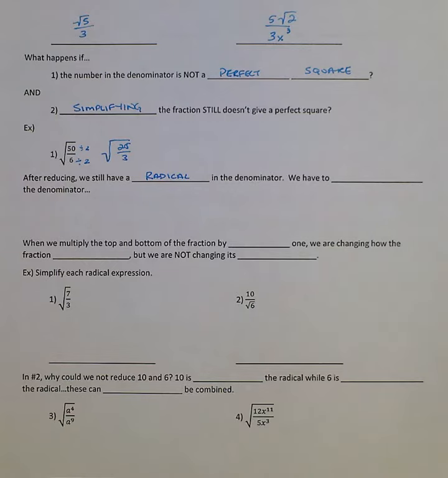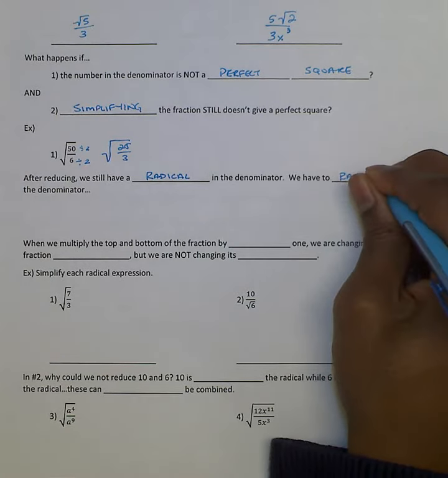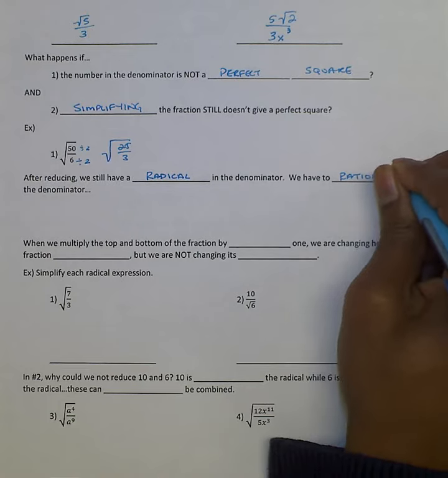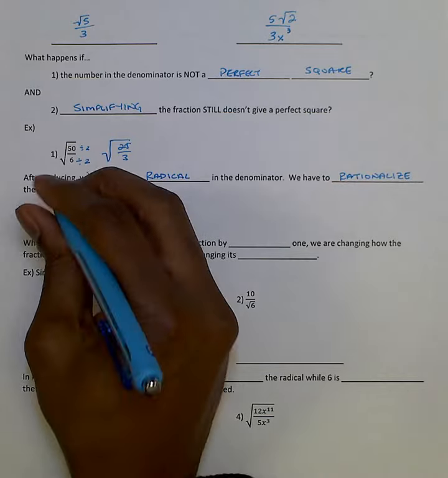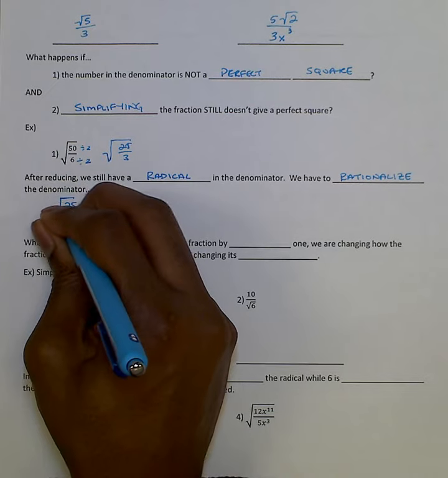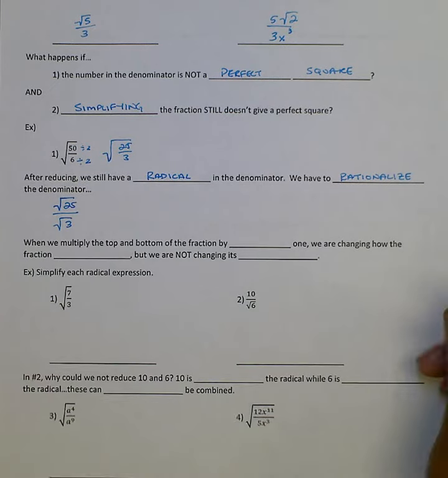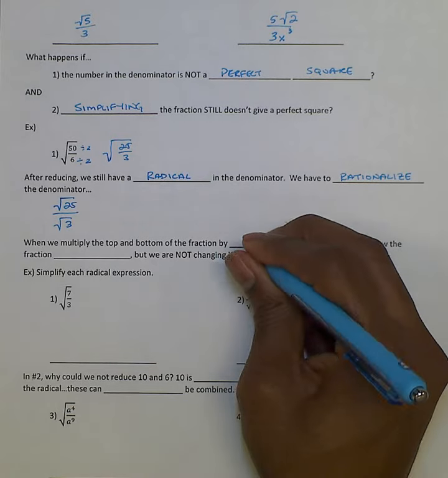We have to now rationalize the denominator. This is our new thing with this, okay? And so what we're going to do to rationalize the denominator is we need to find a way to get rid of this radical in the bottom. To do this, we're going to multiply this by what I like to call fancy 1.